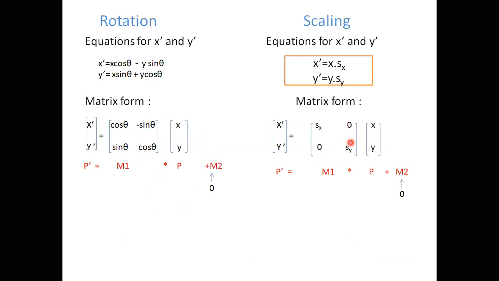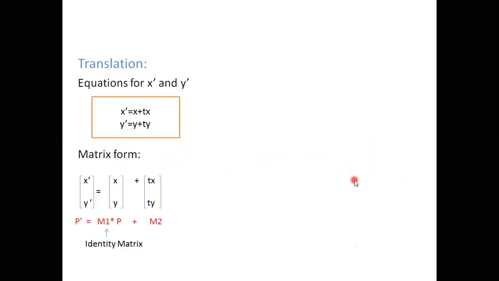Having both addition and multiplication requires more complex hardware. So they found out whether there is any way to reduce this multiplication and addition to a single operation, either multiplication for all three or addition for all three. What they found was that, as rotation and scaling had multiplicative operations, I tried to provide a multiplicative operation for my translation itself.